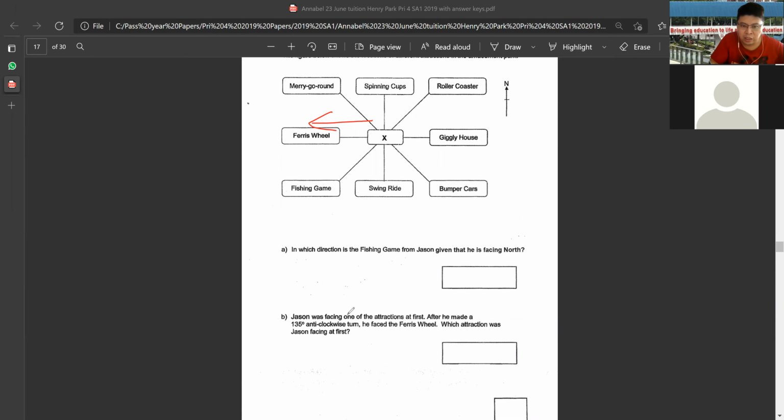To find where he was facing, I need to make 135 degrees clockwise or anti-clockwise? Clockwise. You need to make 135 clockwise.